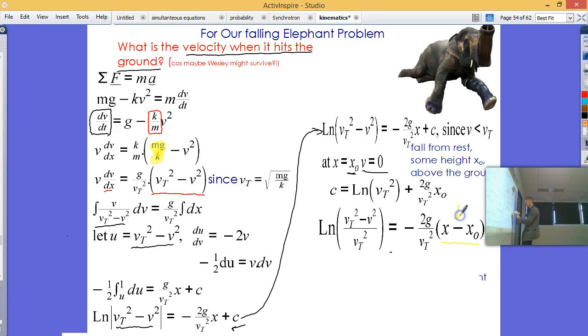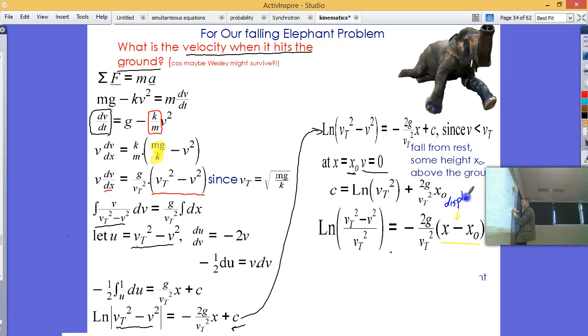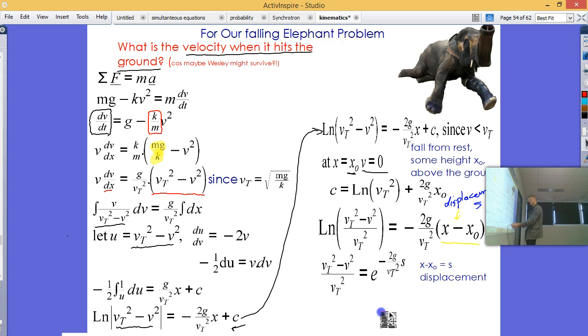What's that all about? Well, I can hear what you're saying. That's displacement, sir. You're right, it is displacement. Okay, so let's call that something else. Call that s perhaps. So we've got our displacement, and when I take the exponential function to both sides, I get this expression. It looks pretty good.